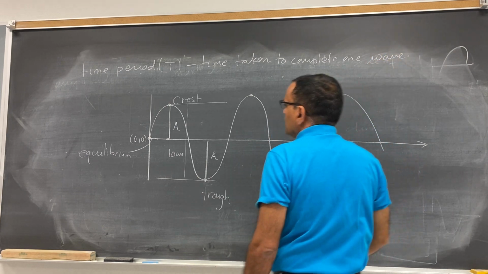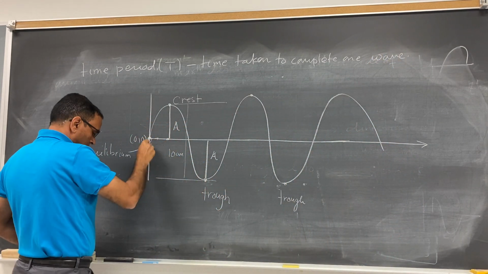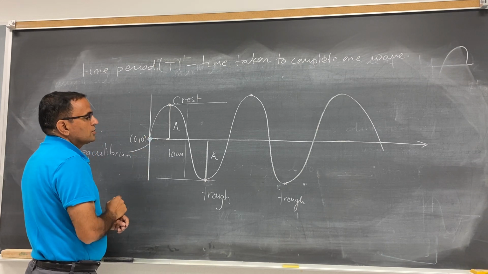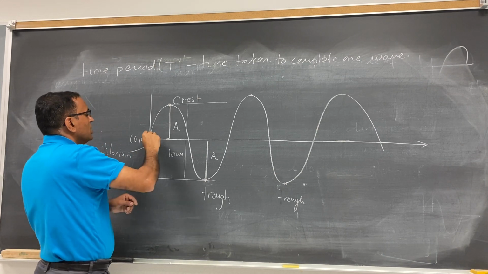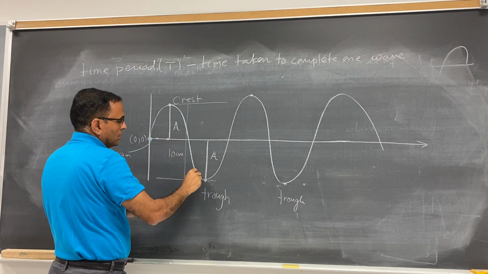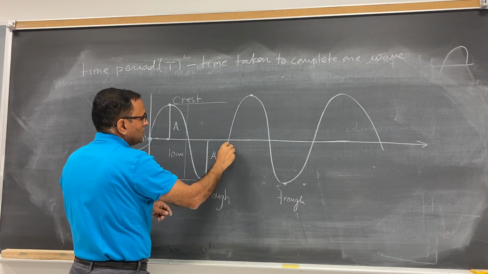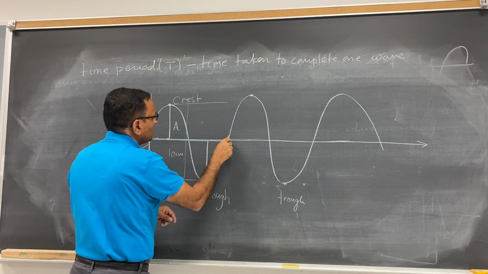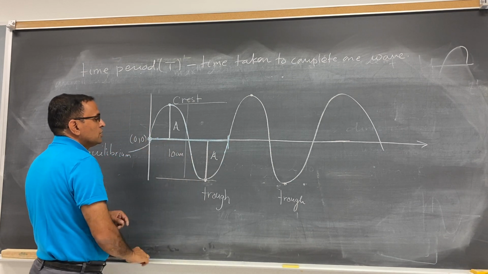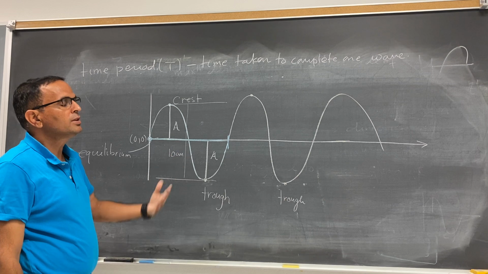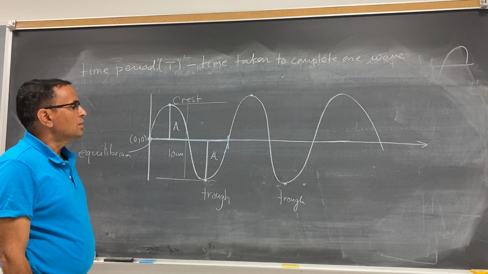That is a time period. Look here, if you start from this point, count one wave only. One wave is from here all the way up to here. So this is one complete wave. Whatever time you take, that is the time period. Time taken to complete one wave, that is a time period.